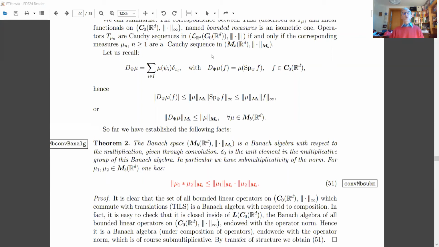They're adding up to 1. And so by retrieving the coefficients, which is applying the linear functional to the continuous function psi i, you get a number. If it's a positive measure, you get positive numbers or non-negative numbers, and these are the amplitudes.